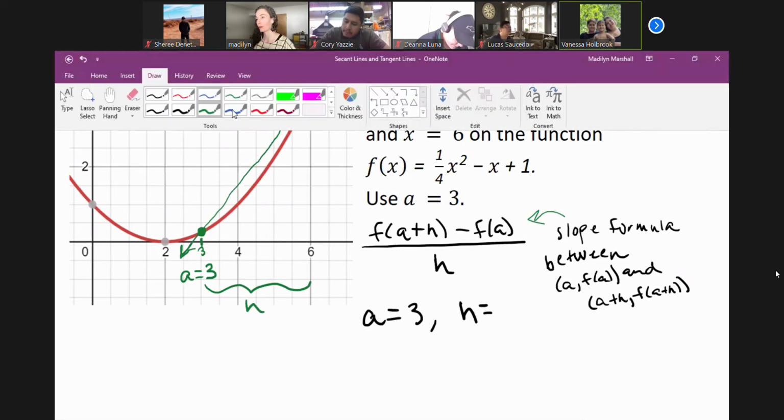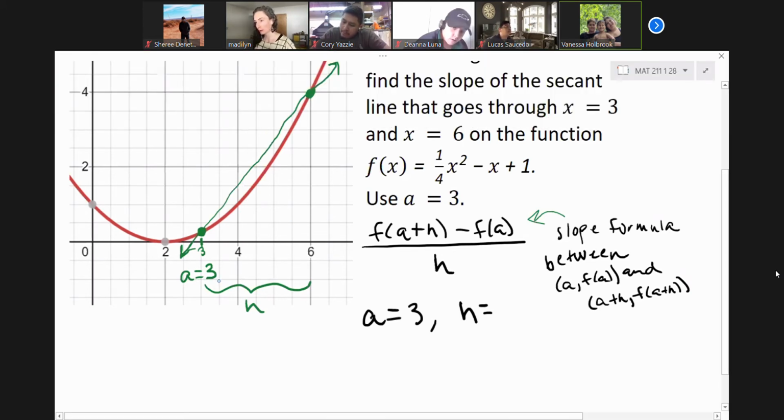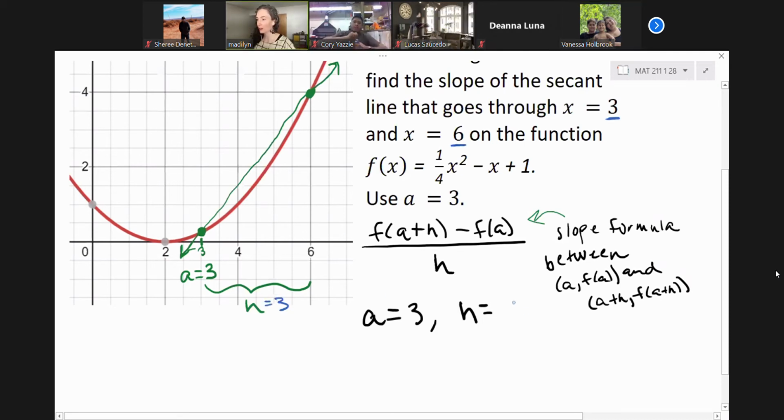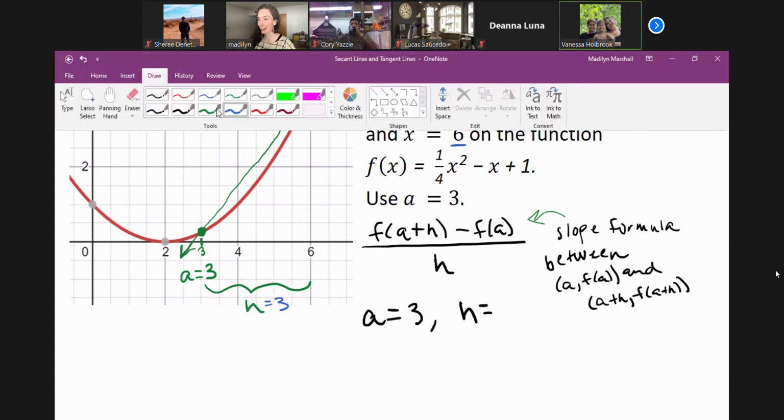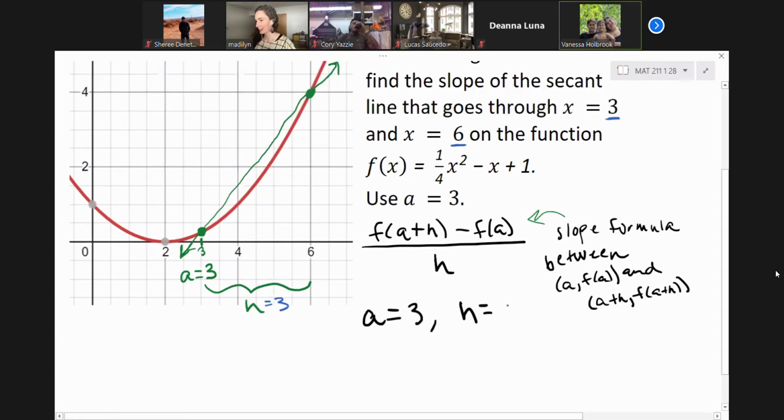Is that 4 or 3? 3. Yeah, because we're starting at 3 and going up to 6. So H is also 3. They're not always going to be the same. It's based off the x-axis.